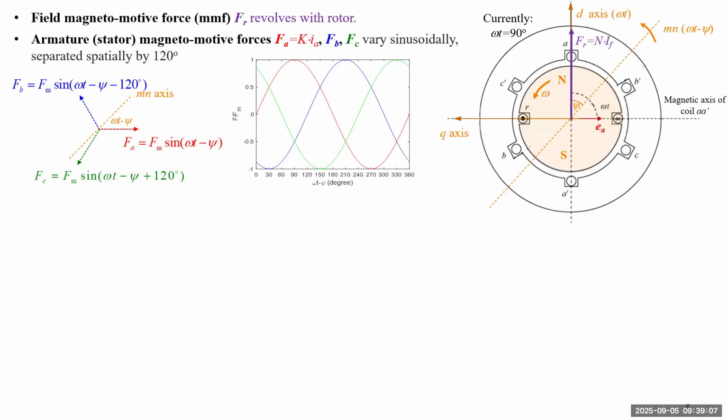Because there's another power factor to determine when the current reaches a maximum value, we still need to keep in mind the power factor angle. So we draw this axis, psi, which we call the MN axis, which indicates when the current will reach its maximum value.